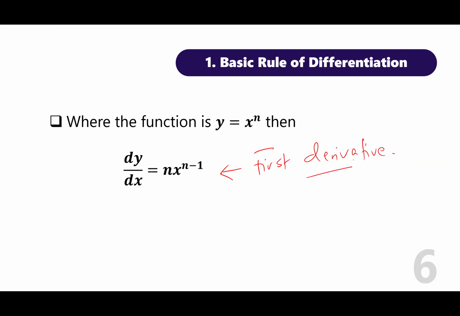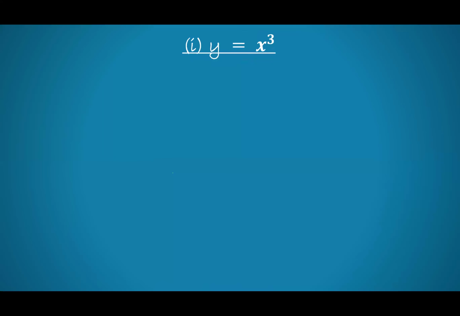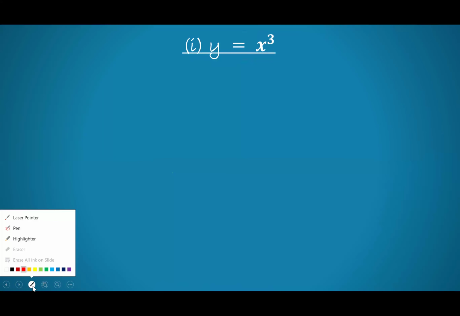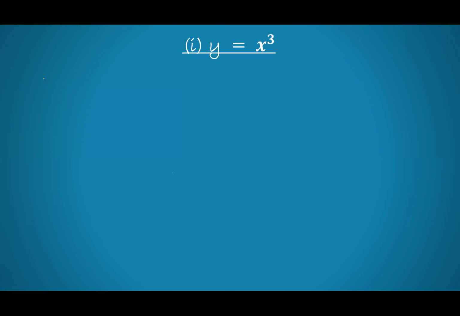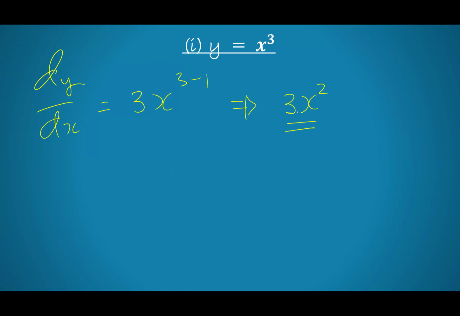Now let us paint a picture. Assuming we have y is equal to x to power 3. Following the basic rule, dy dx will be 3x to the 3 minus 1, which comes to 3x squared. Okay?